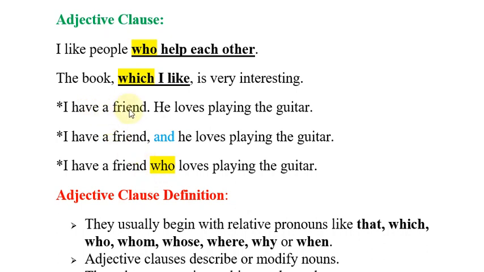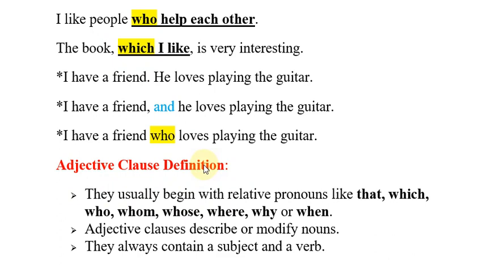So instead of saying I have a friend and he loves playing the guitar, we can say I have a friend who loves playing the guitar. By means of this who, which is a relative pronoun, we joined these two sentences. Now we have a better sentence.